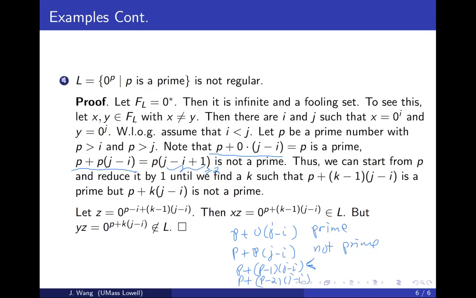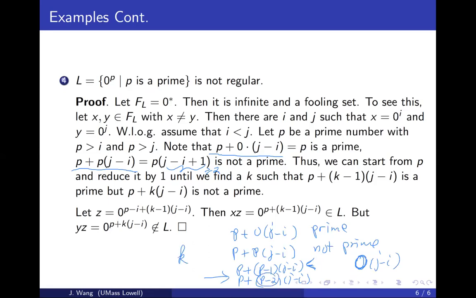Otherwise, I will keep doing it. The worst case is you go down to 0, and in that case we know it's prime, so we stop. So at a certain point, it will stop, because in the worst case it goes down to 0. When that is a prime, I let that value be k.